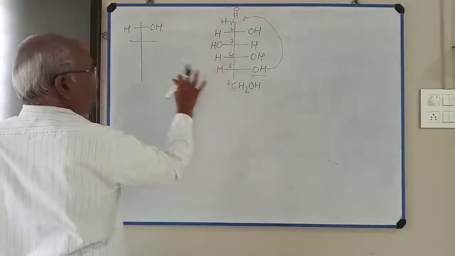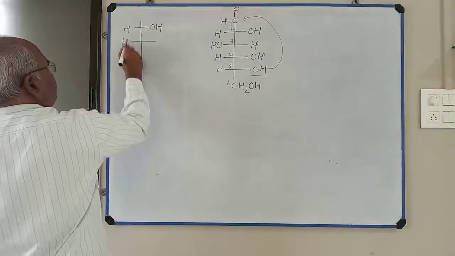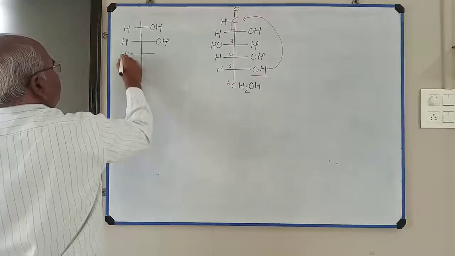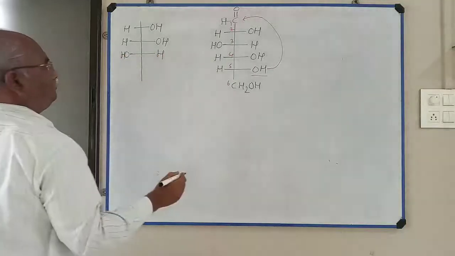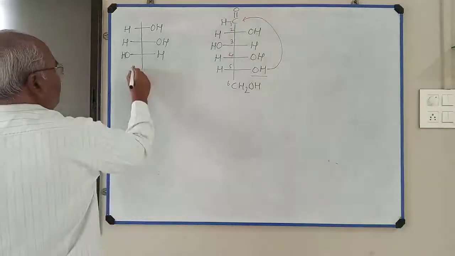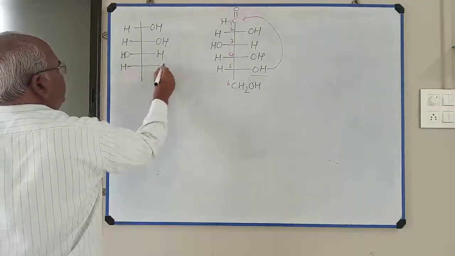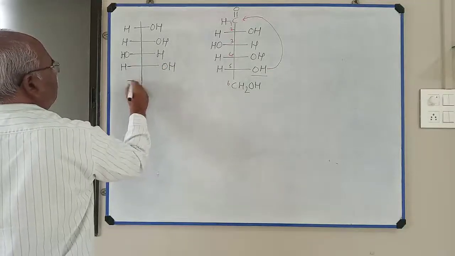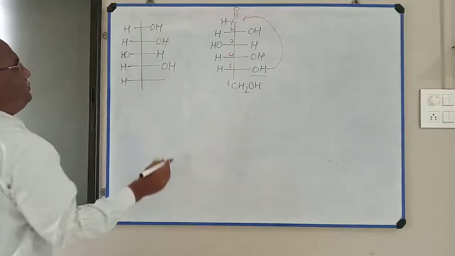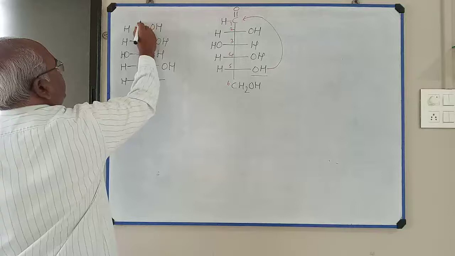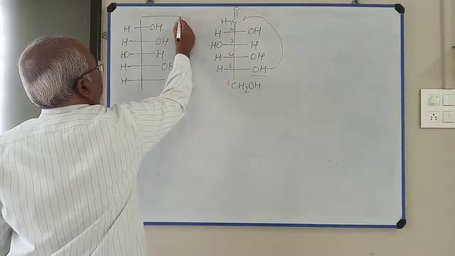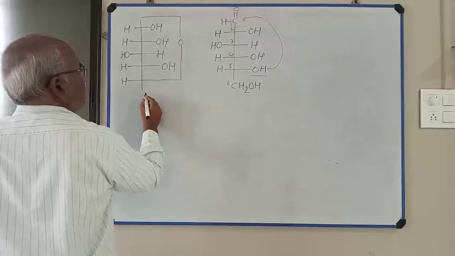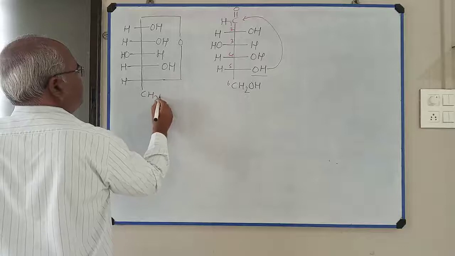The remaining thing write as it is, H, OH, OH, H, H, OH, H. Here cyclic or ring structure is produced. Here is oxygen and CH2OH as it is.